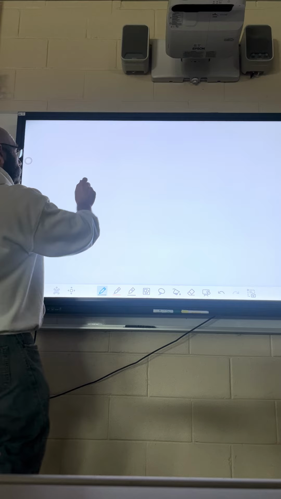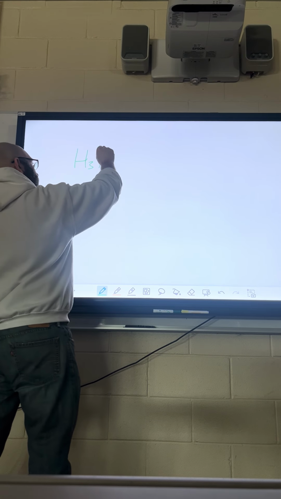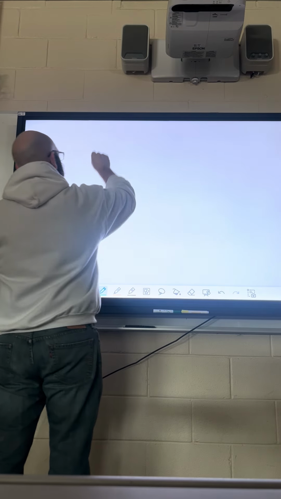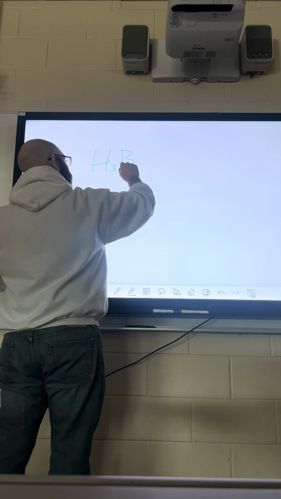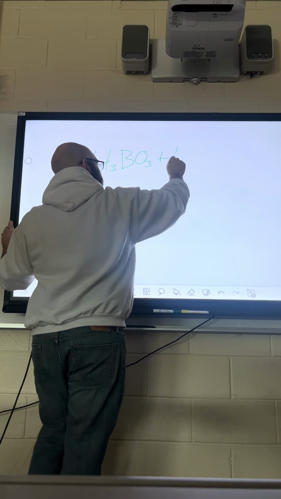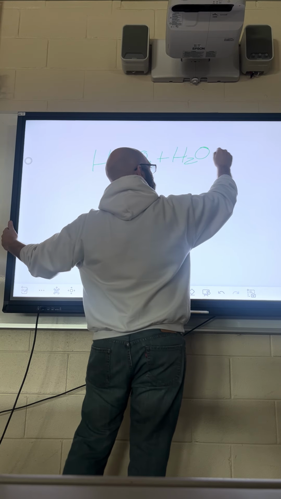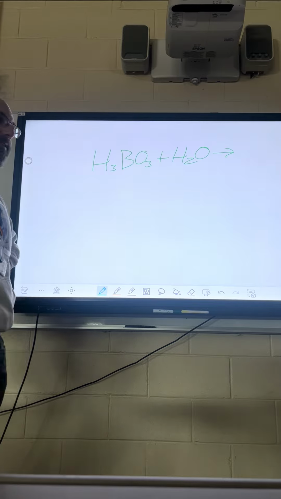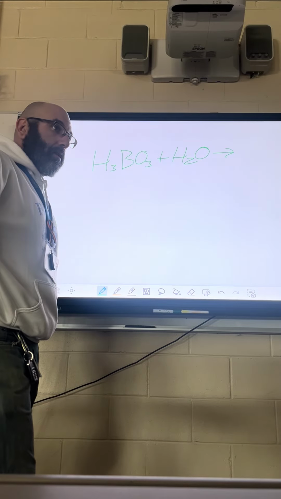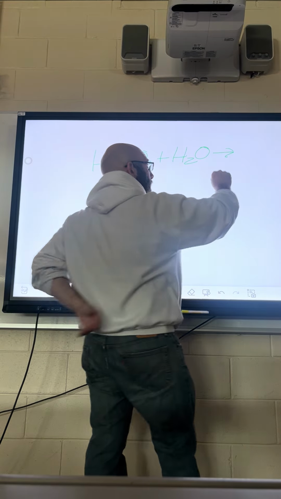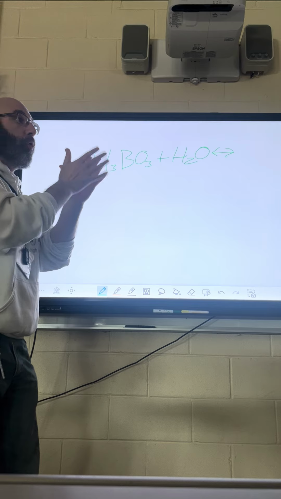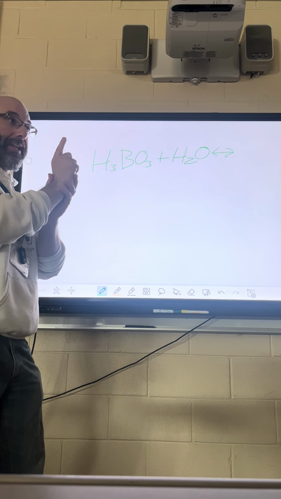All right, H3BO3. Let's try this again now. H3BO3. Because they're telling you to add water, we should add water. Is H3BO3 a strong acid? No. So this is not a one-way arrow. This must be in equilibrium. And guys, acids will only donate 1 proton at a time.